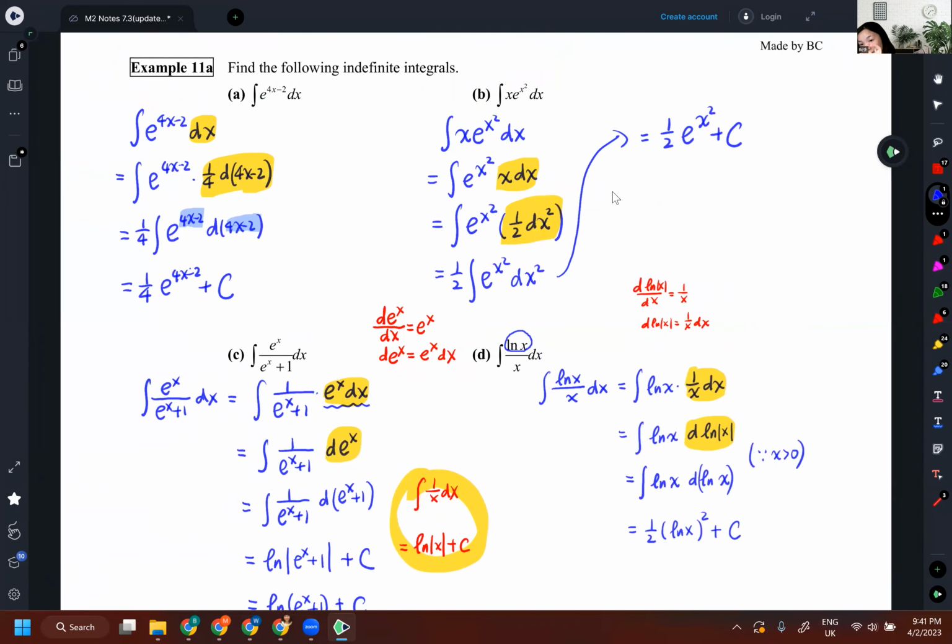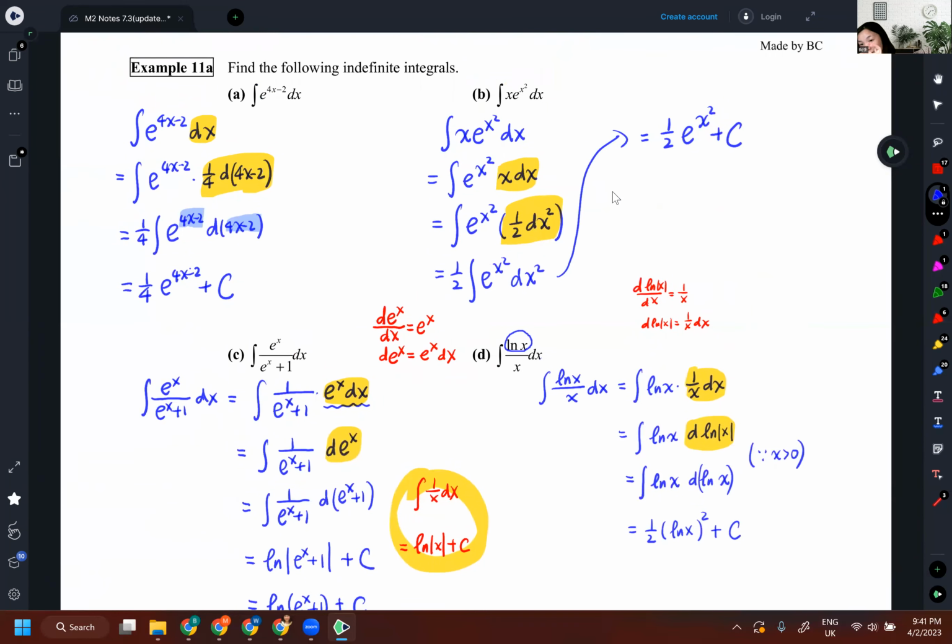Very quickly. For this one, the integral of e^(-3x - 7) dx equals -1/3 times d(-3x - 7).